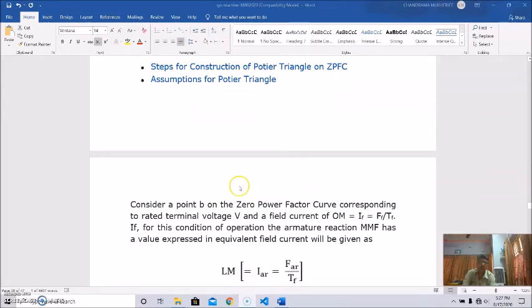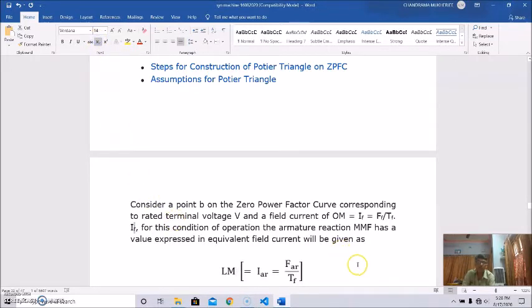Now, consider a point B on the zero power factor curve corresponding to terminal voltage V and a field current OM, that is equal to IF, which is the field MMF FF divided by the number of field turns TF.